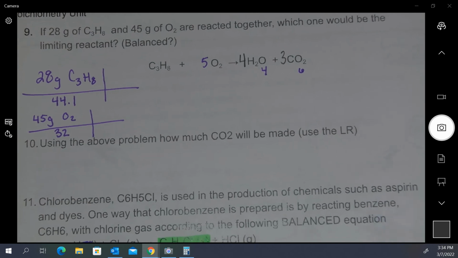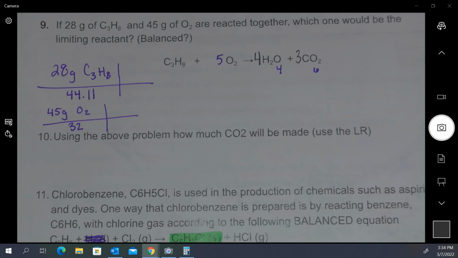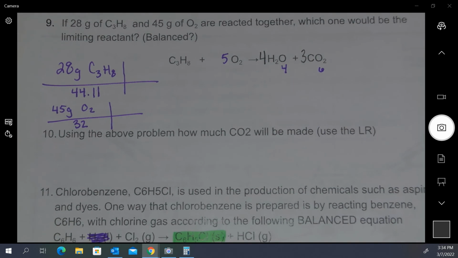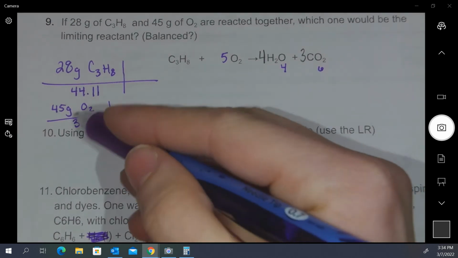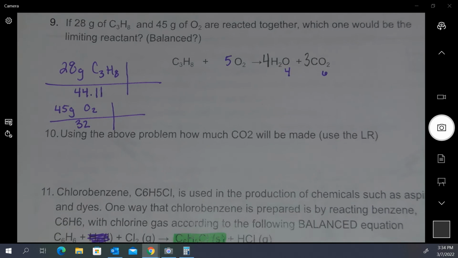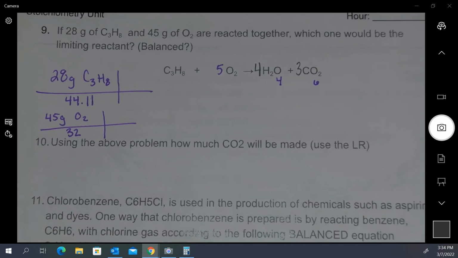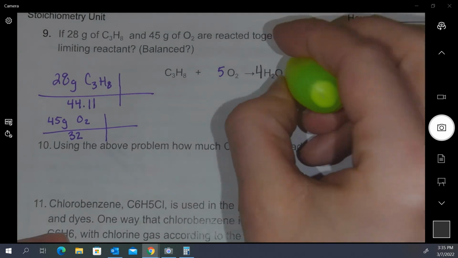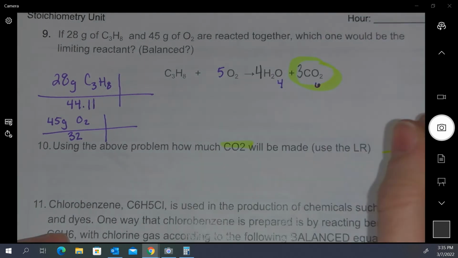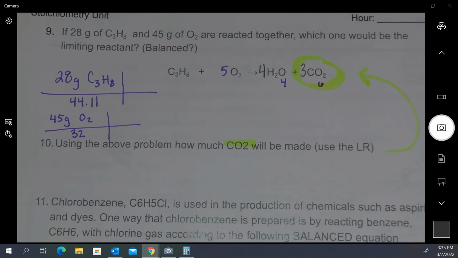Yeah, it's actually 0.11. There we go. Boom. 44.11. So we have both of our molar masses underneath our masses. We are going to solve for CO2. That's what we agreed upon. So we're going to solve for this CO2 over here, just because that's going to help us with this problem later on.